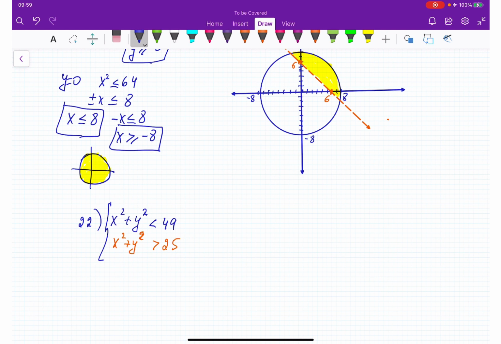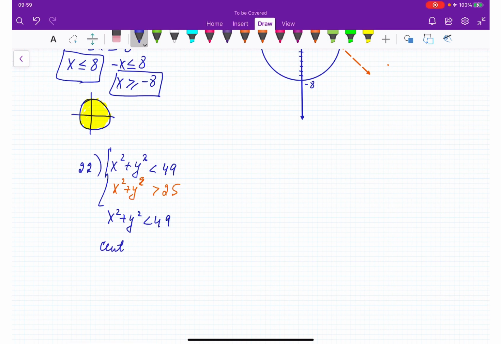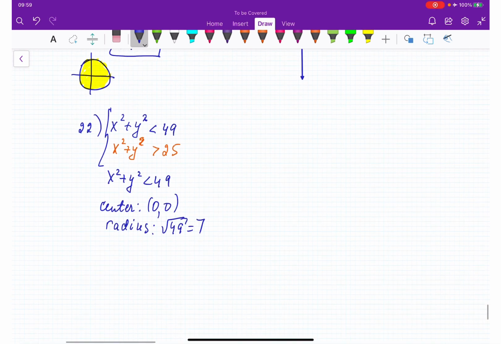So x squared plus y squared less than 49, which means the center is 0, 0, right? And the radius is the square root of 49, which is going to be 7. On the question why you don't put plus minus 7, it's because radius doesn't measure negatively, right?